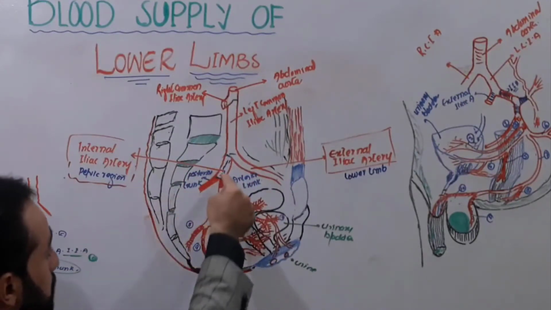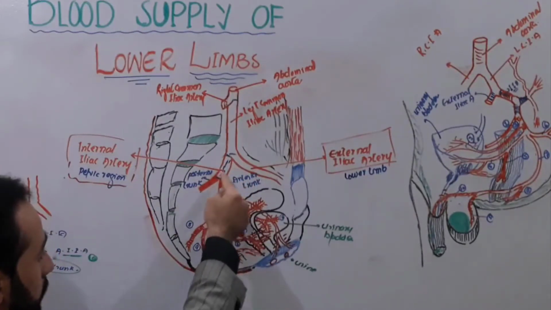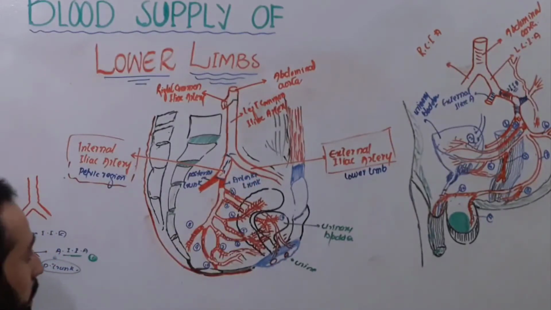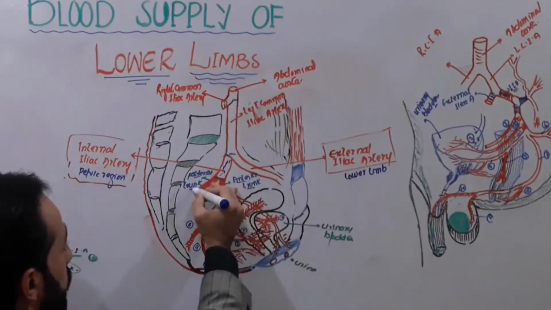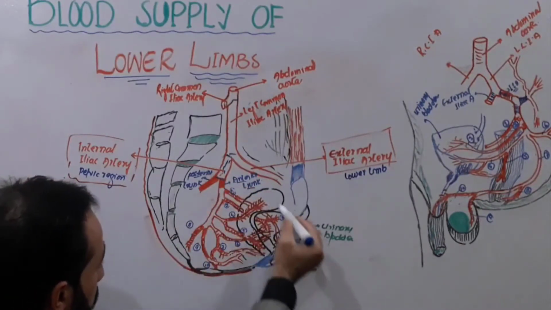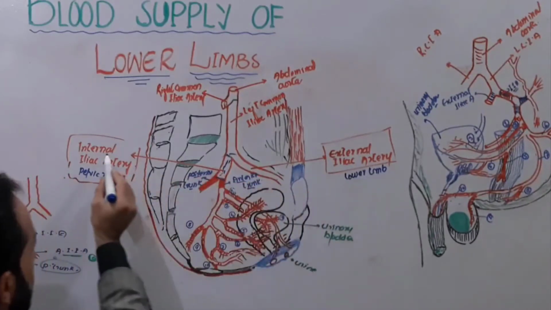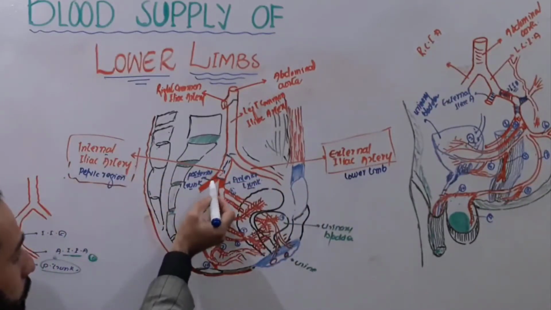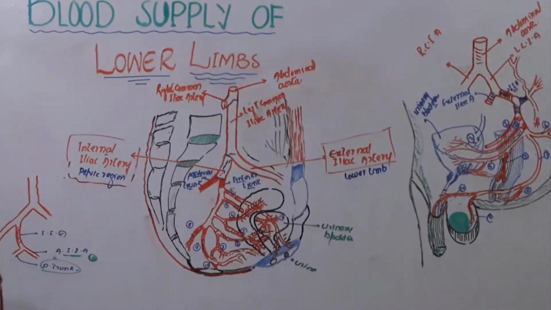Now look carefully. This internal iliac artery has been bifurcated here, you can see, and it has given an anterior trunk and a posterior trunk. Clear, friends? So I have discussed the branches of the anterior trunk of this internal iliac artery, and now I'm going to discuss the branches of this posterior trunk of the internal iliac artery, right?